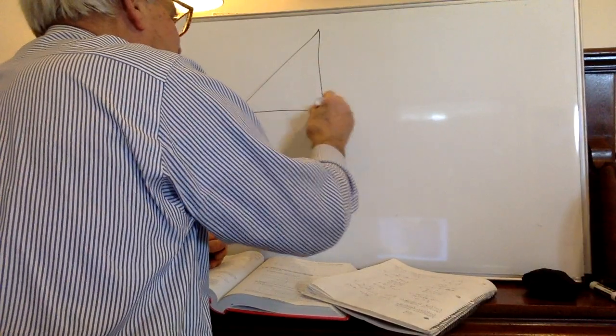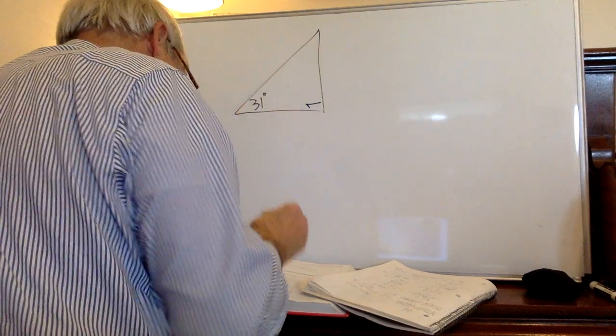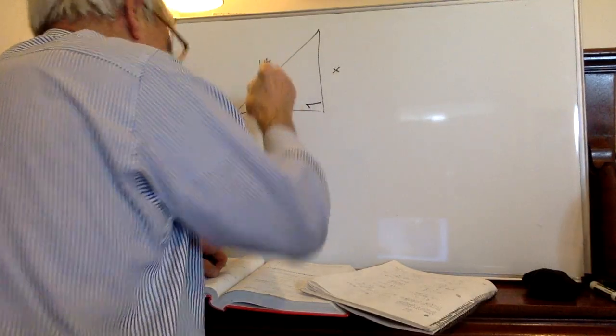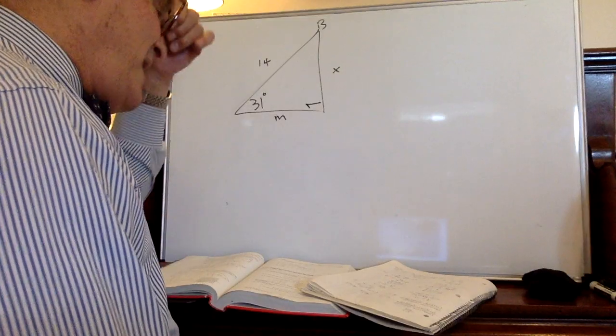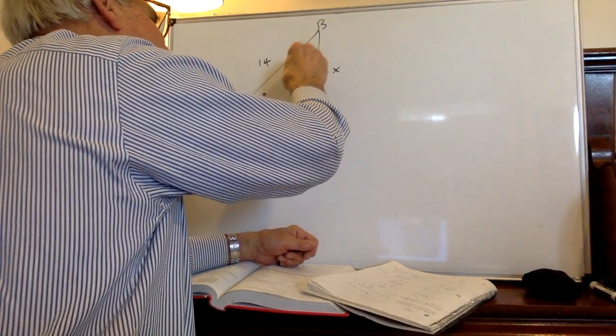a right triangle. And again, in this one, they told you that this is 31 degrees. This is m. That's x, and the hypotenuse is 14, and this is b, angle B. Well, angle B is easy. Angle B is the complement of 31, which is 59.